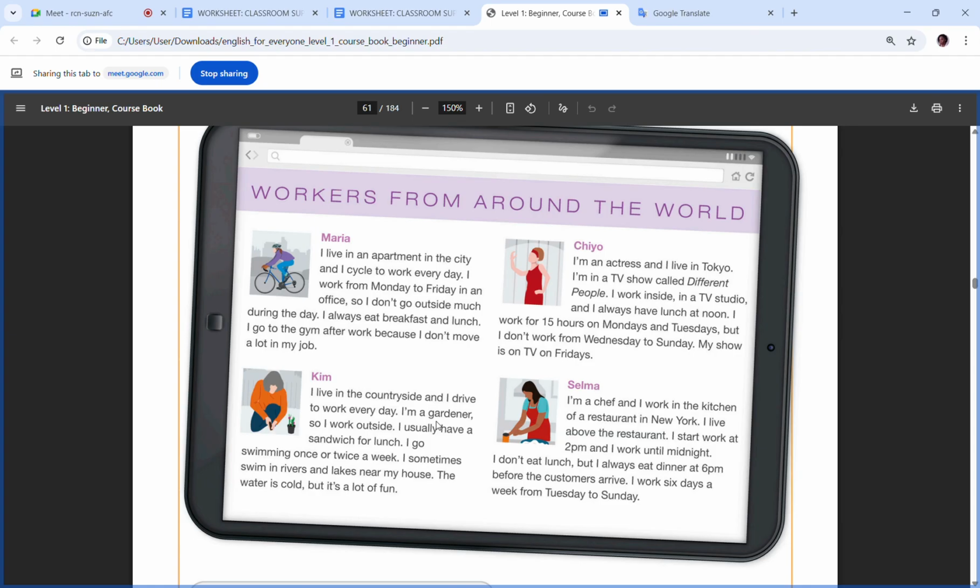I am a gardener, so I work outside. I usually have a sandwich for lunch. I usually have a sandwich for lunch.